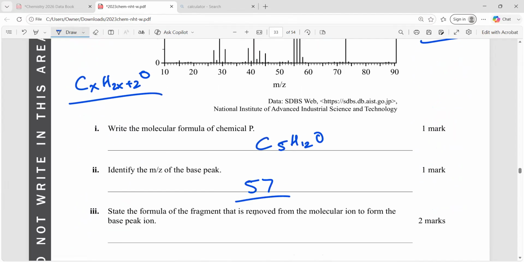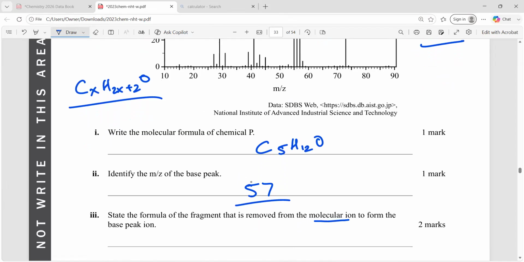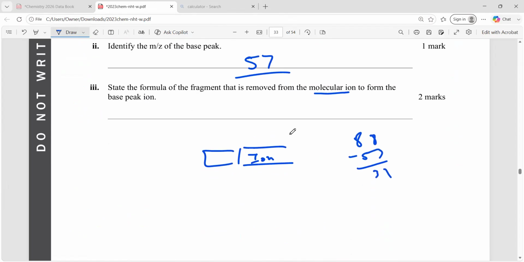State the formula of the fragment that is removed from the molecular ion to form this base peak ion. So it's trying to be sneaky here. What they're trying to say is, the ion that produces the base peak, they want the other stuff. So what's 88 minus 57? 31. So I want to find something that's 31.